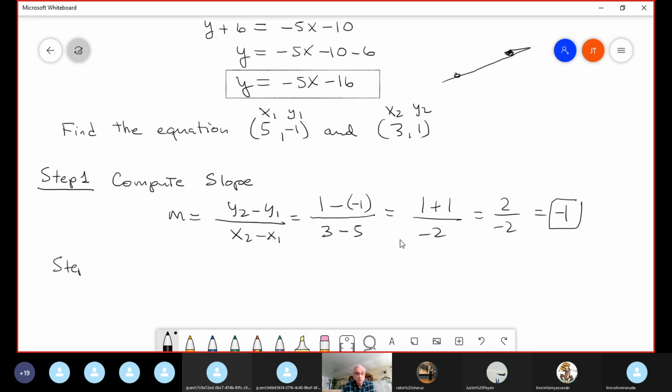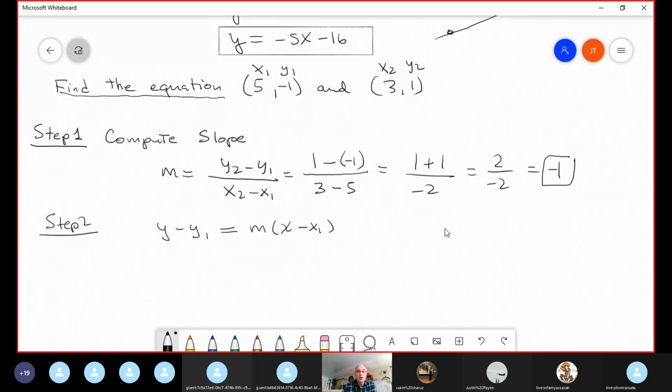Step 2 is find the equation of the line, which is the last step. We can use, for example, the famous point slope formula. Y minus y1 is equal to m times x minus x1. Okay, it's the application for this. So y minus y1 is this, negative 1. Look, slope is negative 1. It's a coincidence.